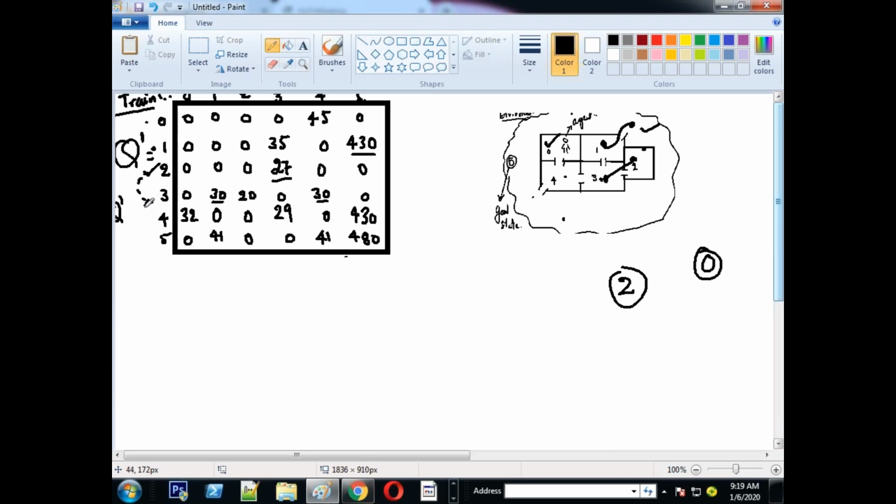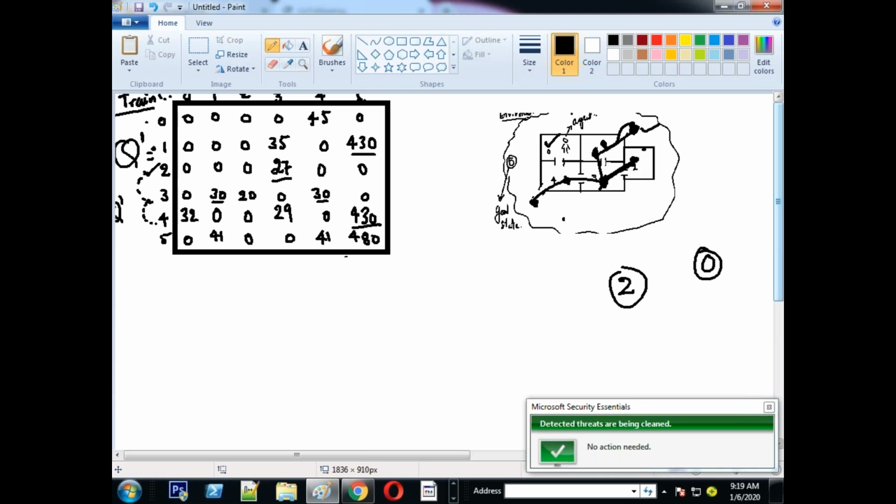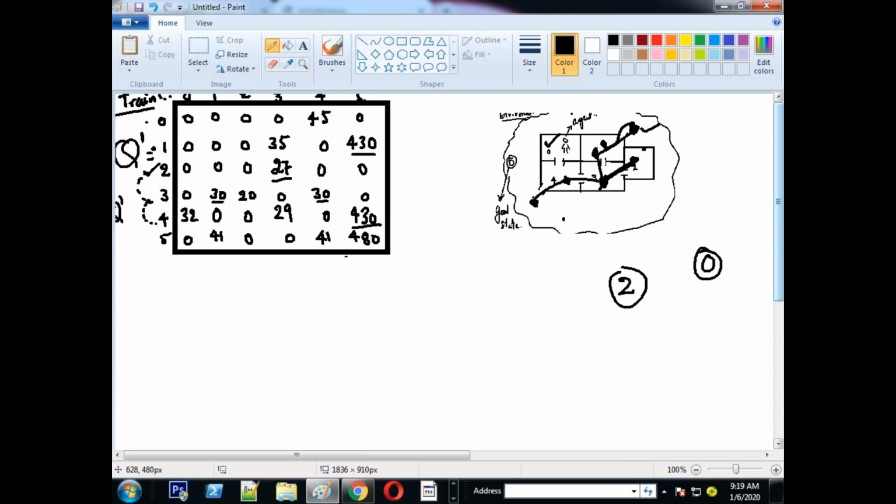Again it comes to 4. In 4, what is the max value? 430, for which action? That means what story happened? 2 to 3, 3 to 4, 4 to 5. Or by mistake, it has chosen number 1, sir: 2 to 3, 3 to 1, 1 to 5. Both cost the same, right? Understand? So this is what the agent learns.